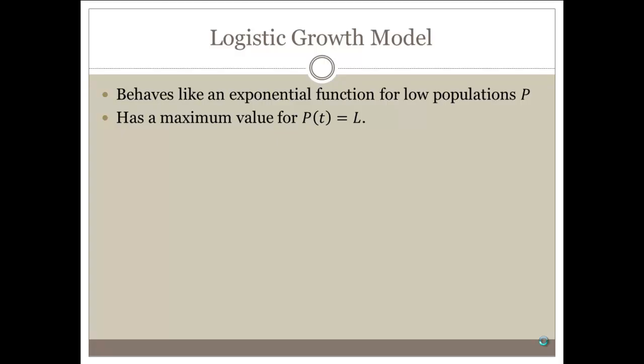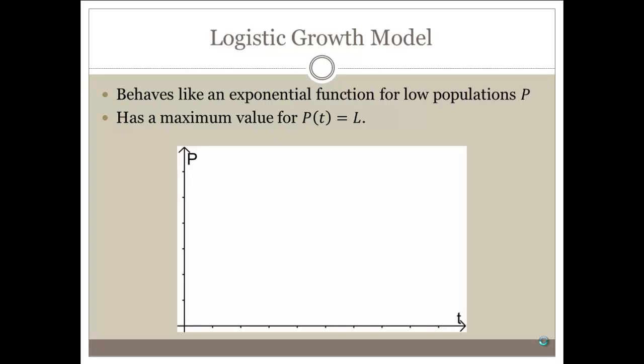Let's now visualize this function by looking at its graph. So we will plot time t against the population P. In our graph, we want to include when P equals our maximum value L, because we know we don't want our population to go above this line.